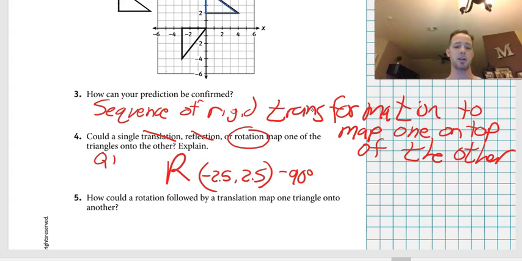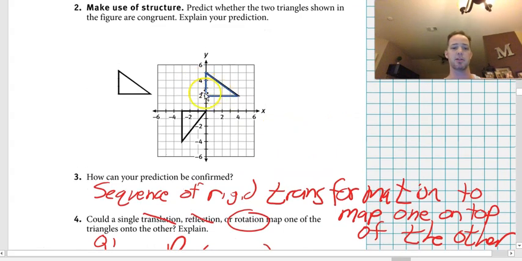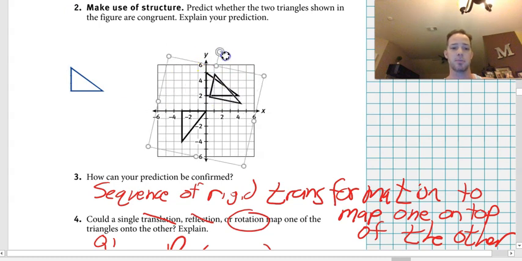How could we do a rotation followed by a translation to map one figure onto the other one? We already mentioned that. There's a couple of different ways. Let's say we took this and we rotated about the origin, negative 90 degrees clockwise. We'd end up right here. And then if you translated to the left 5 units, so 1, 2, 3, 4, 5, that'd be an easy one to do.